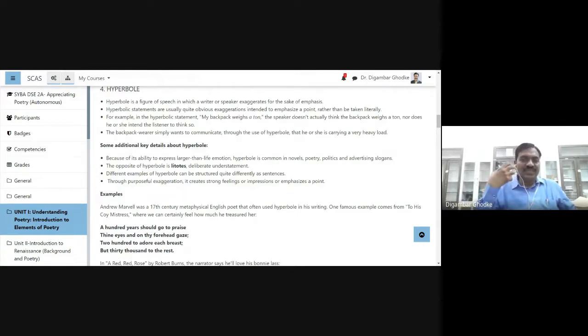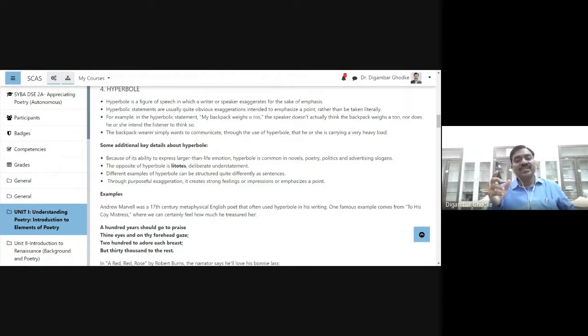So this particular figure of speech has the ability to express larger than life emotion, and it is a commonly used device in novels, poetry, in politics, for example. In our day-to-day experience, we see politicians generally exaggerate. Even in advertisements, hyperbole is very commonly used.